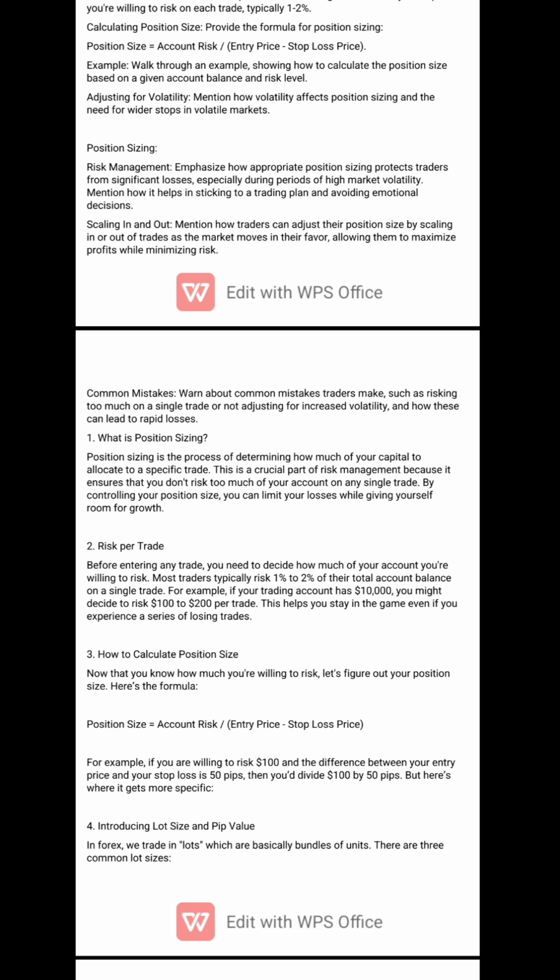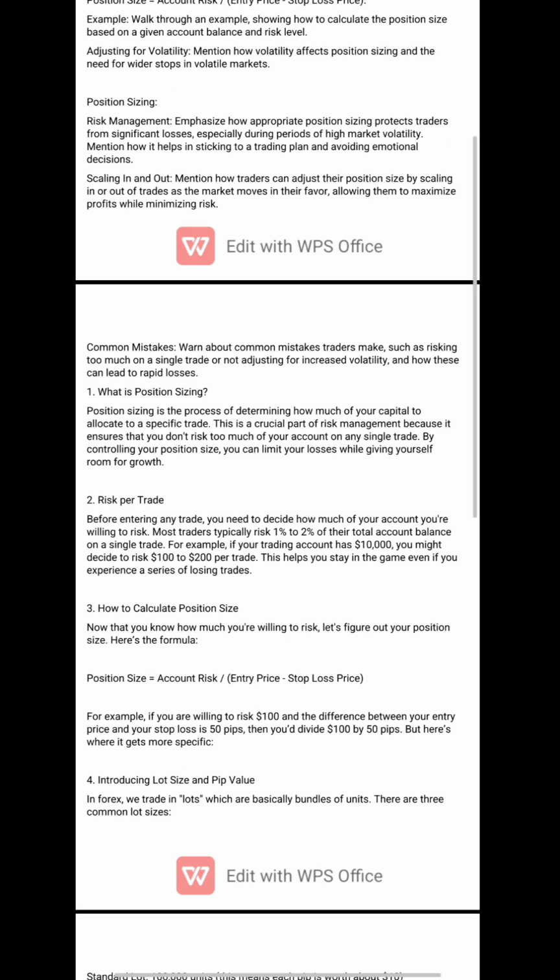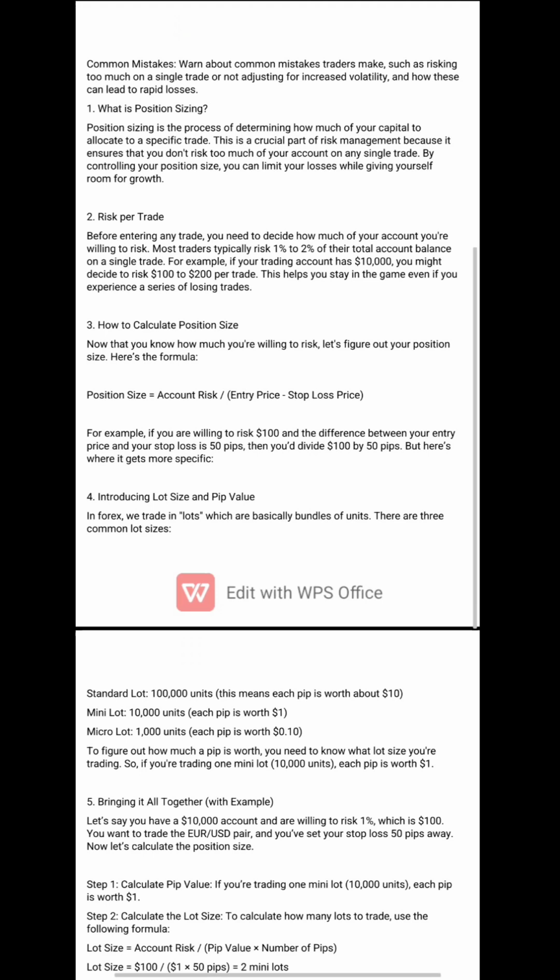We mention sticking to your trading plan and avoiding emotional decisions. That's good. We look at scaling in and scaling out, and then some common mistakes that traders make. So now, what is position sizing?